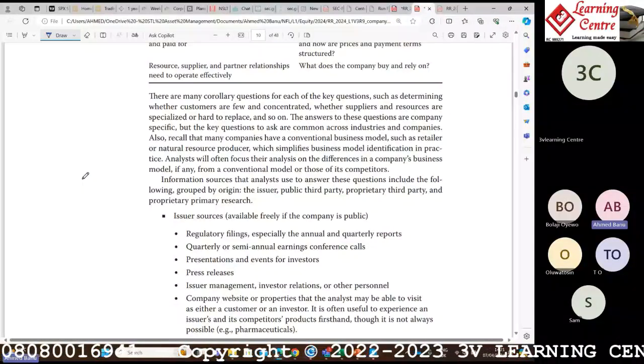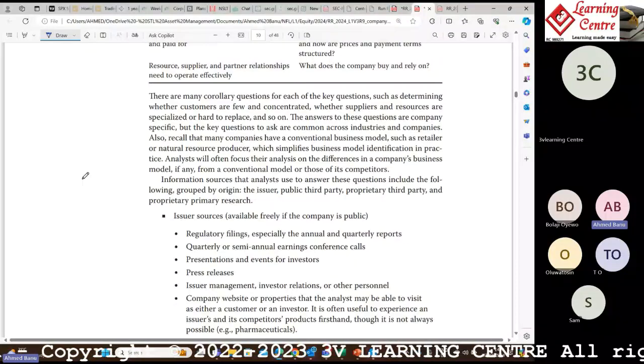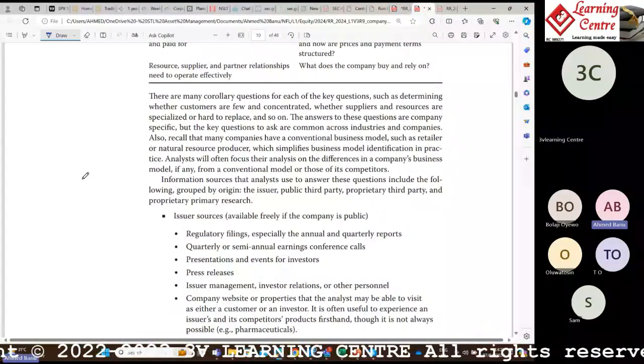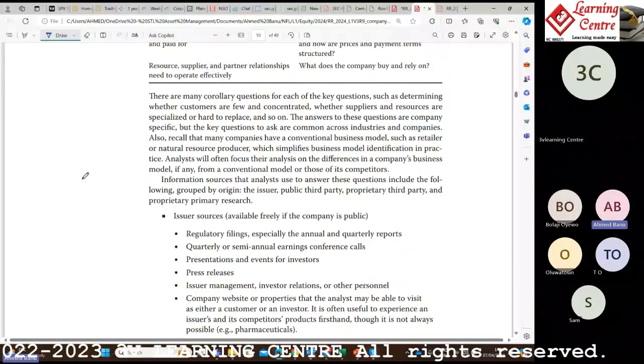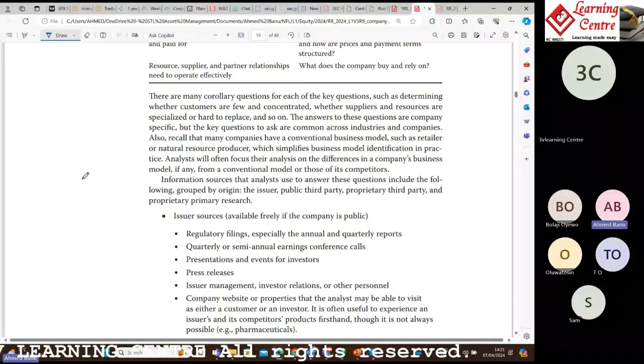So these are the information sources. Yeah, there are many corollary questions for each of these questions, such as determining whether customers are few or concentrated, whether suppliers and resources are specialized or easily replaced, and so on.